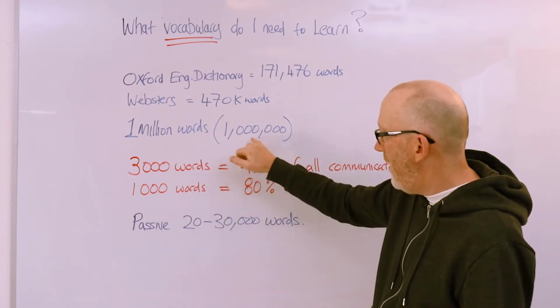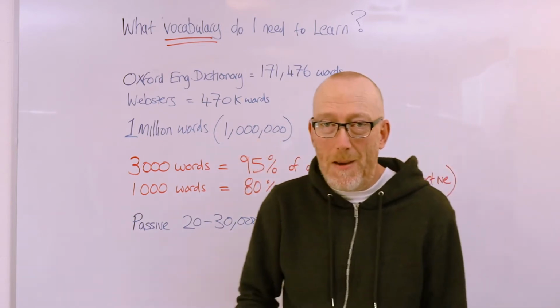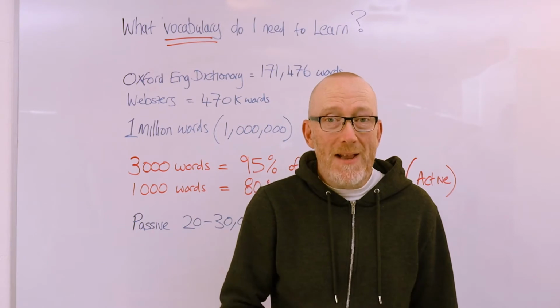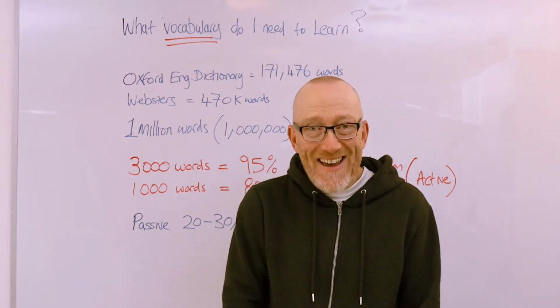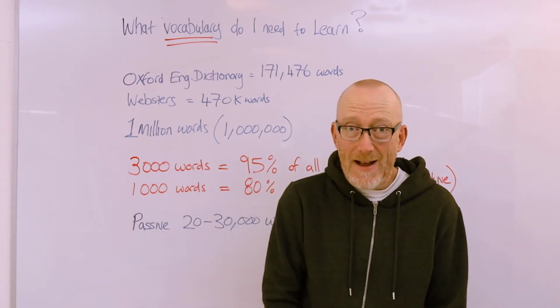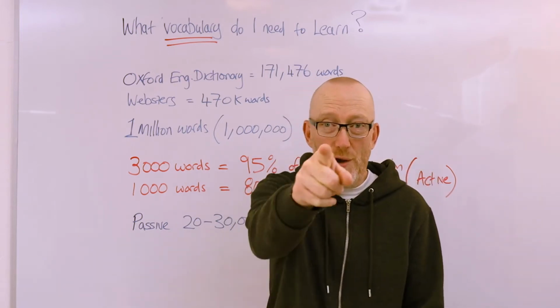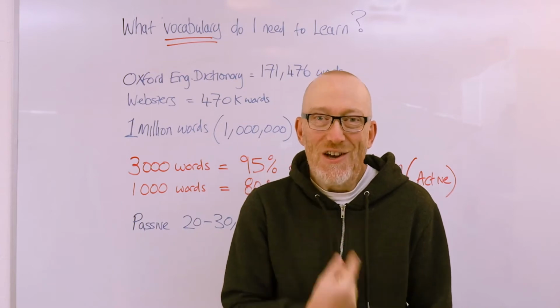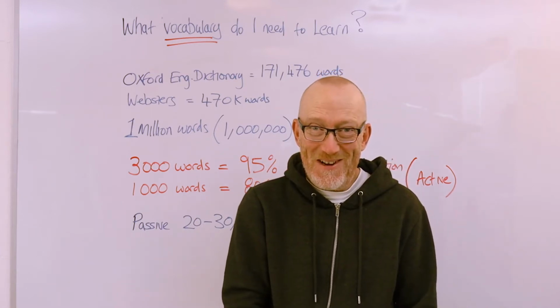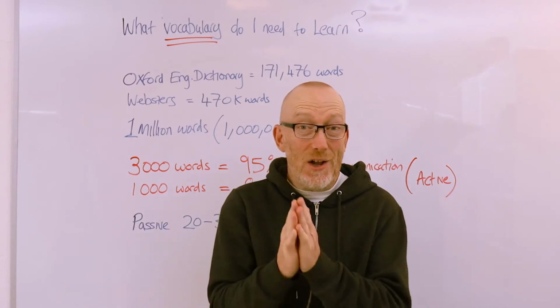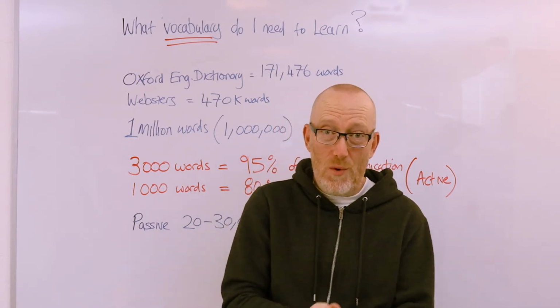That's a 1 with 6 zeros in English. More than 1 million words in English, but who knows? But one thing I can tell you is that it's impossible for you and me to learn every single word in English. Okay? That's an impossible task. So you cannot learn every single word.